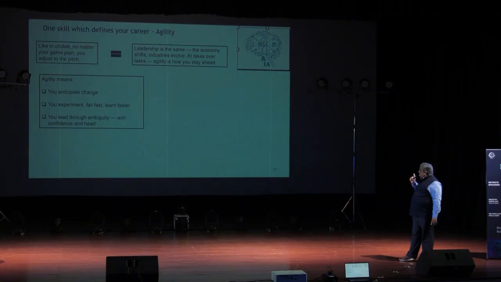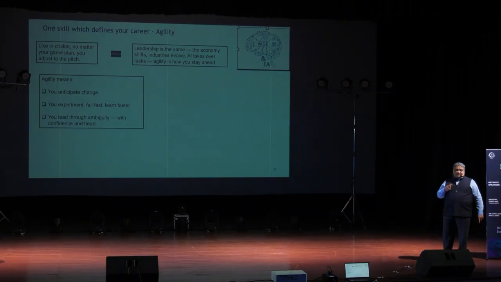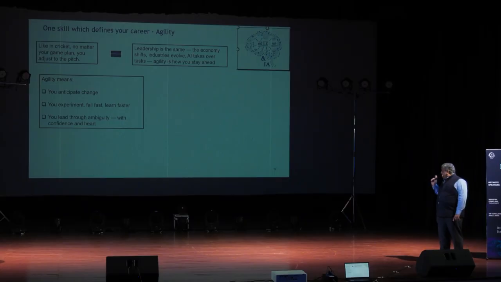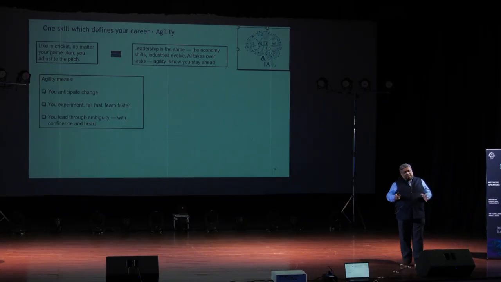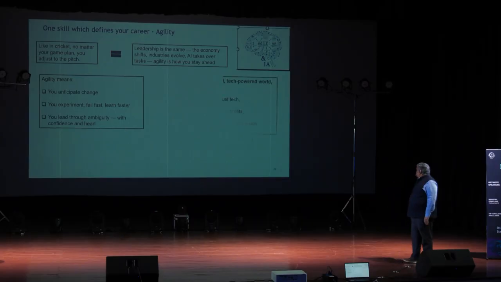And you know what agility means? You anticipate change, you experiment, fail fast, learn faster, and lead through ambiguity with confidence. This is what agility means, because people confuse agility with many things. But if you remember these three bullet points, that's what agility is all about.